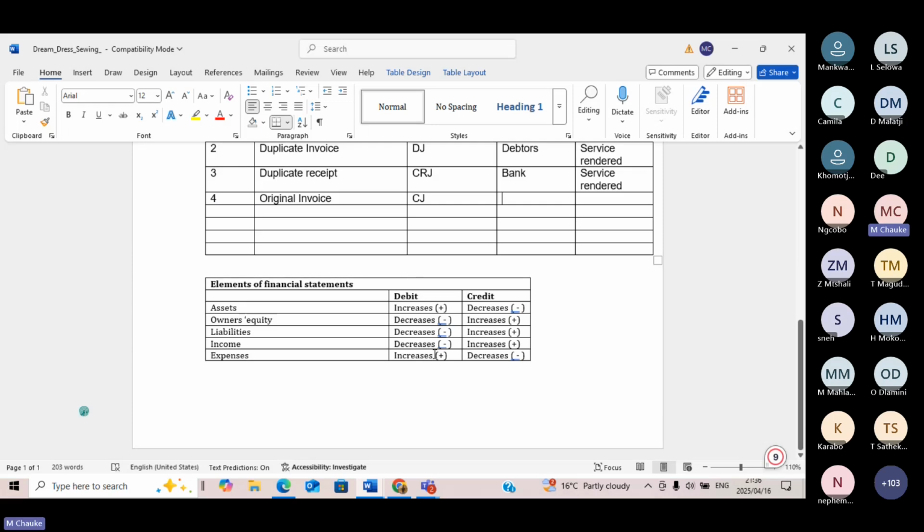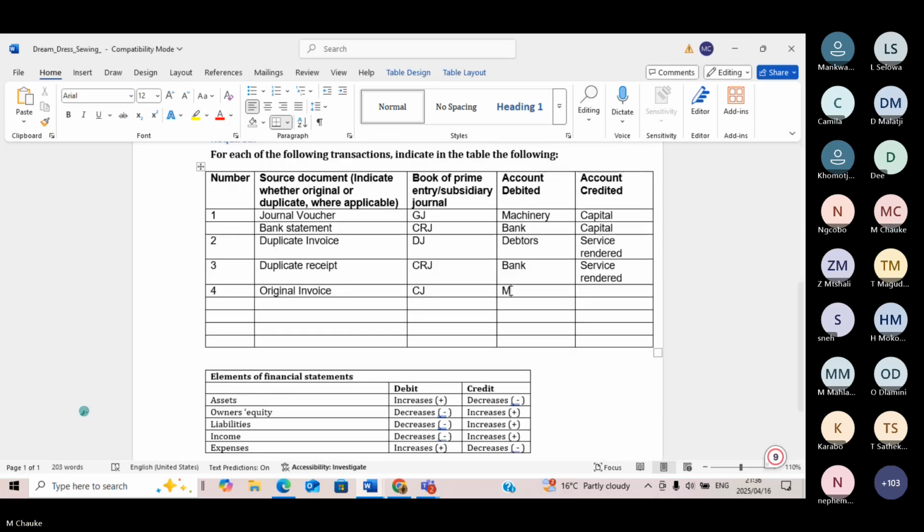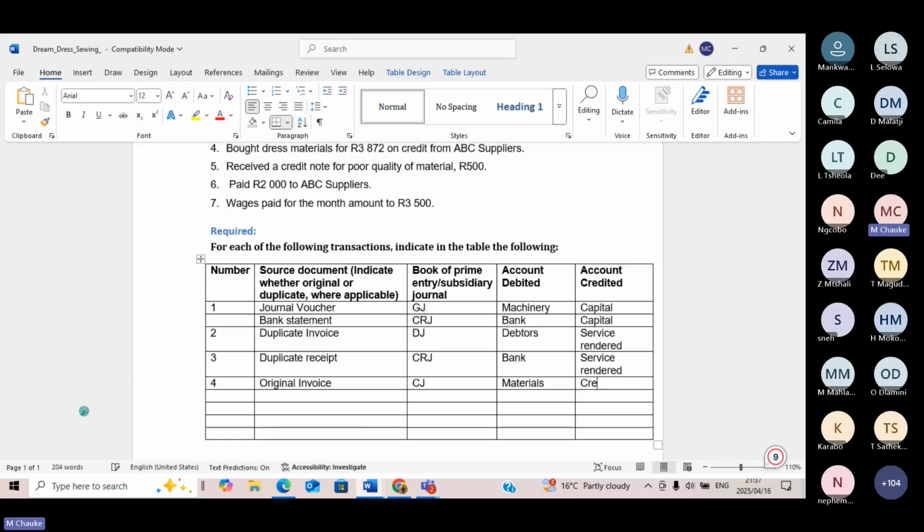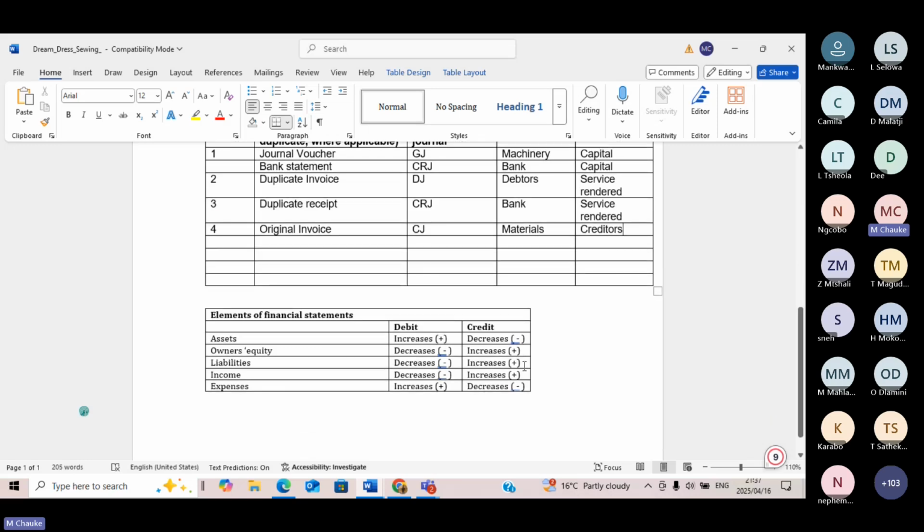So we're going to debit materials here and credit what? Creditors. Why are creditors credited? Because creditors are liabilities, right? Creditors are liabilities, and whenever there's an increase in liability, we credit.